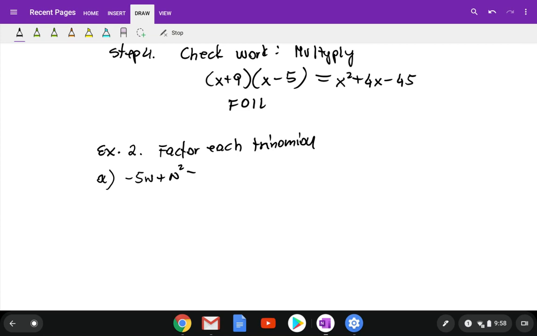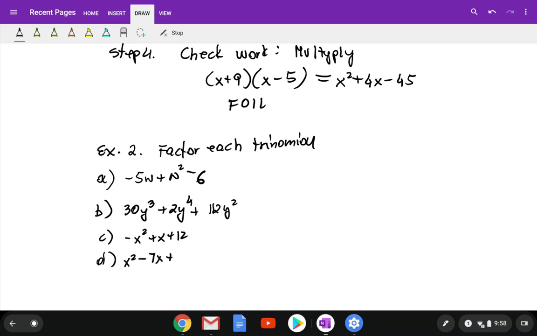B is 30y to the third plus 2y to the 4th power plus 112y squared, and C will be negative x squared plus x plus 12, and D will be x squared minus 7x plus 28.